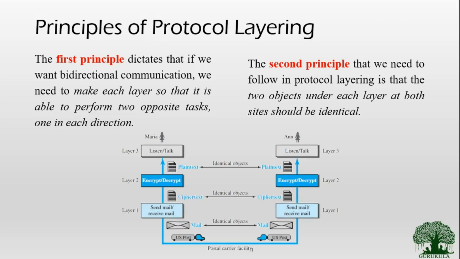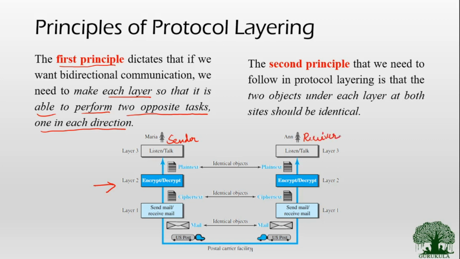When you look at this diagram, as per the first principle, what does it say? Each layer should be able to perform two opposite tasks, one in each direction. Now let us consider this particular layer. Let us assume that Maria is sending an email. So she is the sender and Anne will be the receiver.